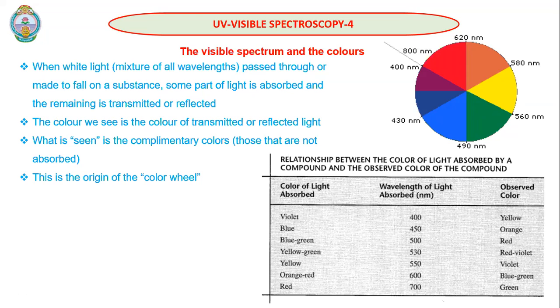White light is a combination of all the lights, that means VIBGYOR; when we mix them, it appears white. When we pass white light onto a substance, some of the light will be absorbed by the molecule, and the remaining will be transmitted or reflected.